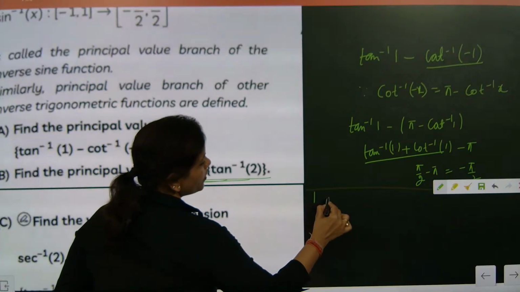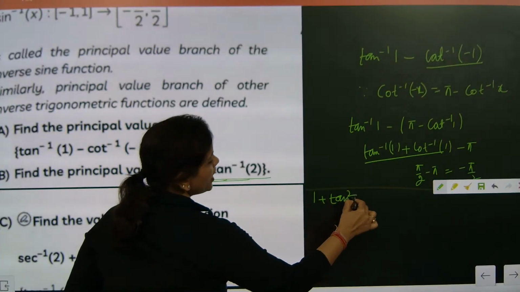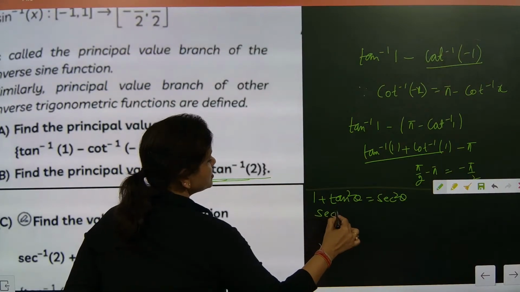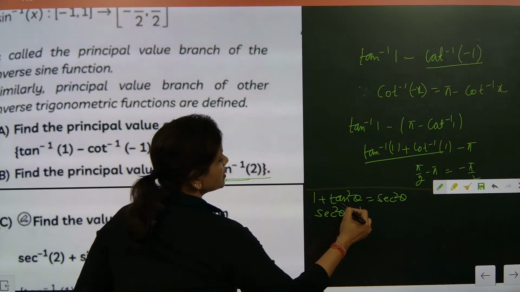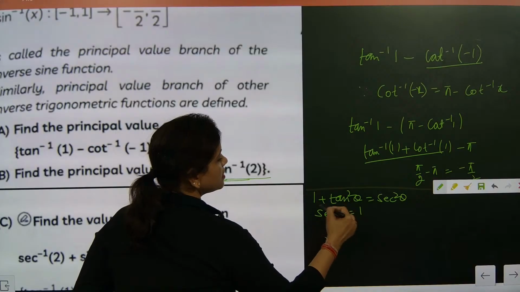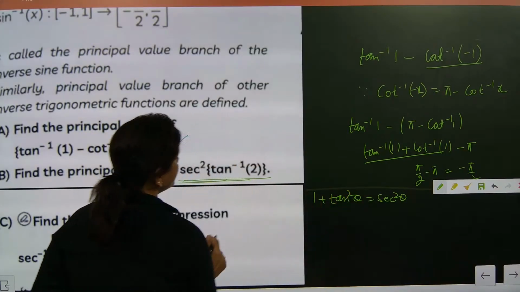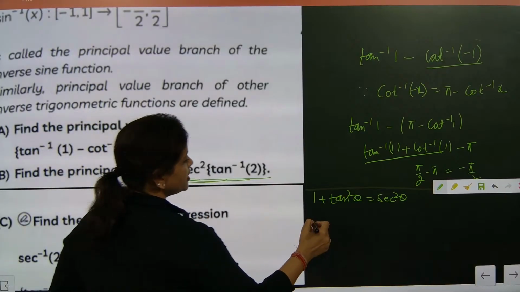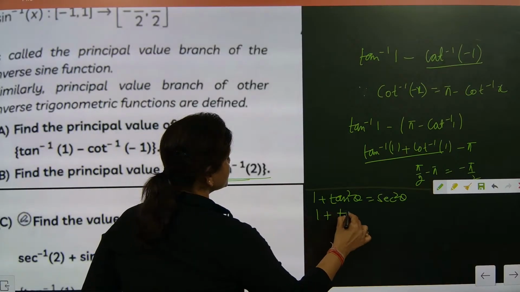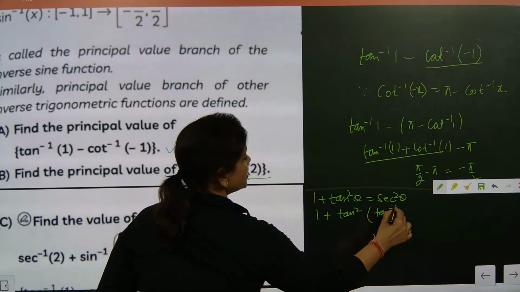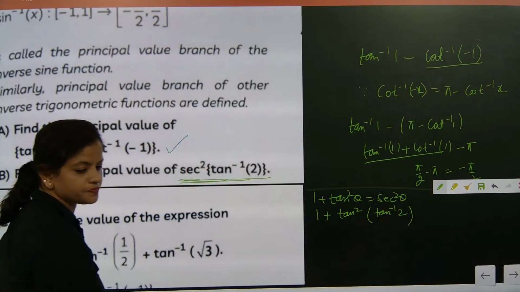We know that 1 plus tan square theta is secant square theta. That means secant square theta is 1 plus tan square theta. So here, instead of secant square theta, can I write 1 plus tan square of tan inverse 2?